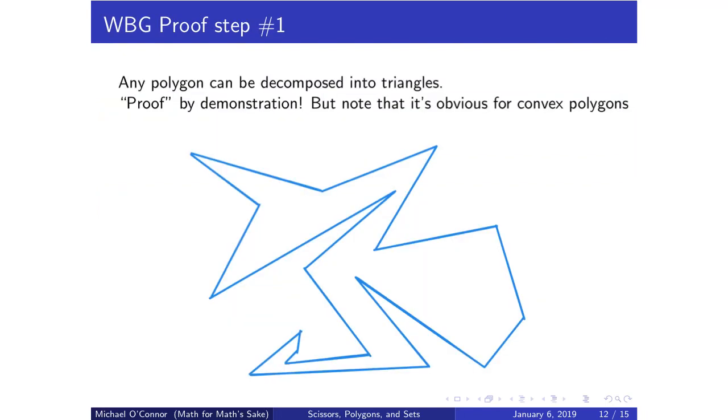So the first step is to triangulate a polygon. So this means, to dissect it in some way so that it all becomes triangles. And I won't actually prove this fully, but I will indicate why it's true. So there is an algorithm. What you can do is, you can start at any vertex, then look at the two vertices on its side.